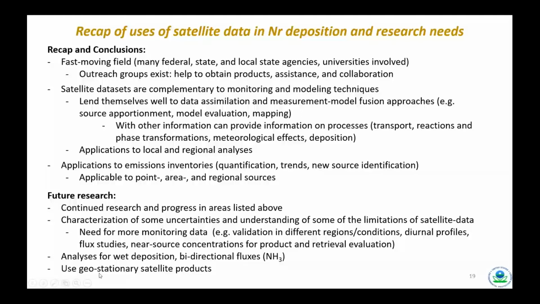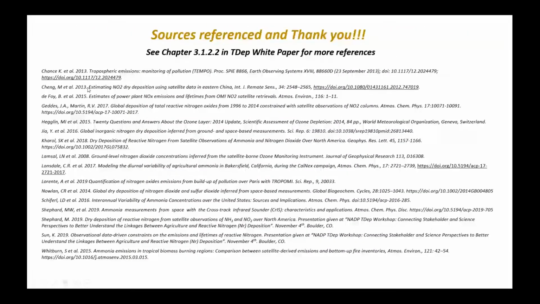And then obviously the geostationary satellite products, once those become available, will definitely have a big influence on the field of deposition. So thank you, and there's just sources that I used, and there's a much more comprehensive list in the white paper chapter.